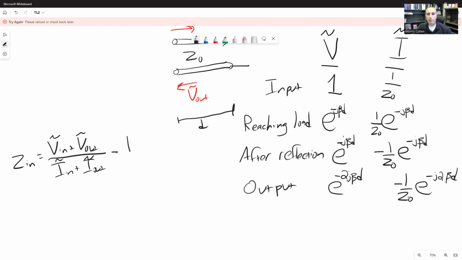This will be 1 plus e to the minus 2j beta d divided by 1 over Z0 minus 1 over Z0 times e to the minus 2j beta d. All right, so you can take any value you want of d and plug it in here. And this is for an open transmission line.